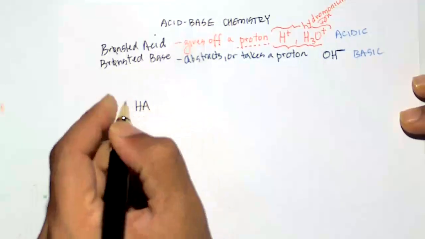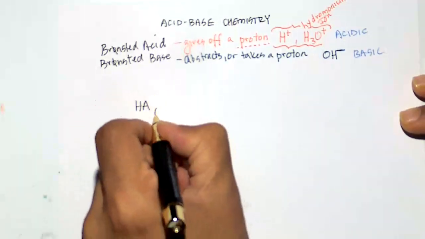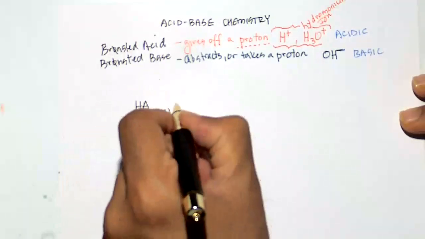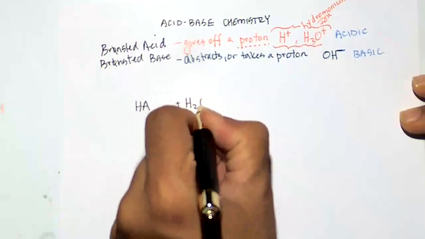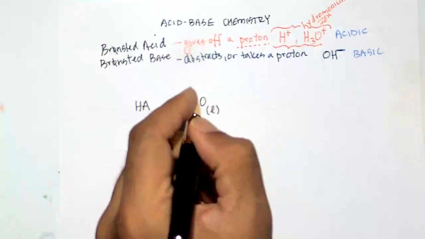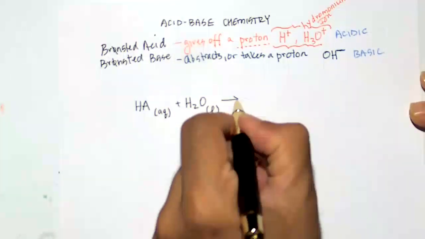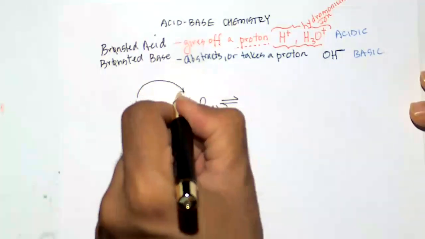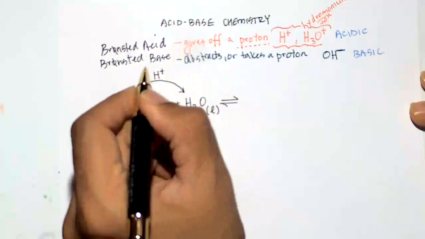We'll call HA the acid, any type of acid, plus H2O. It's going to react with water. This is an equilibrium. An acid is going to deliver an H+.